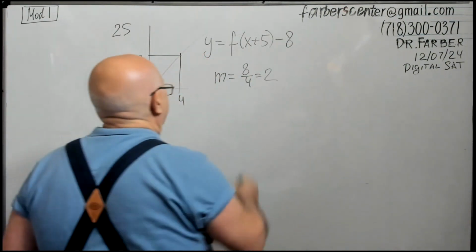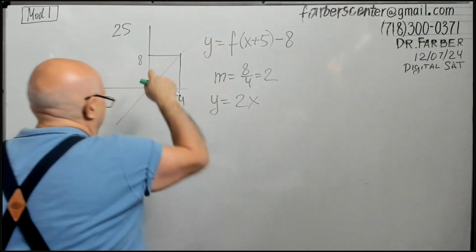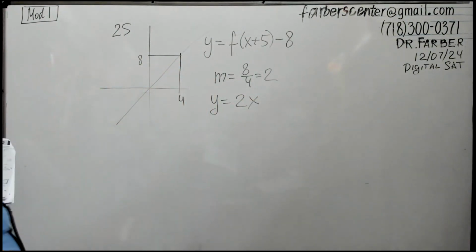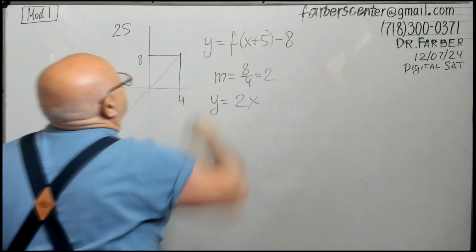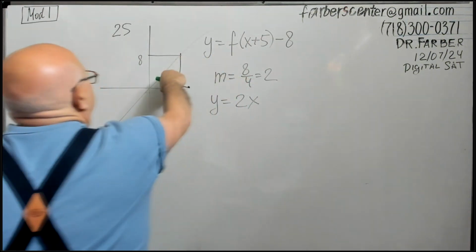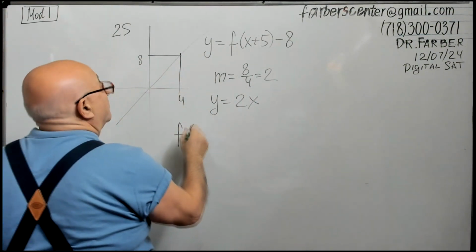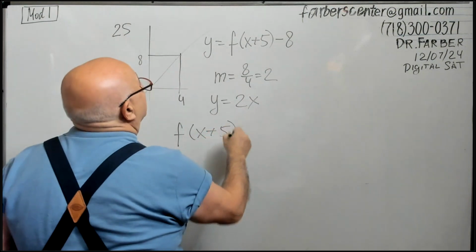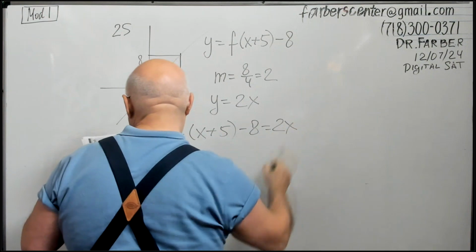And since it goes through the origin, you can easily write y equals 2x. This is specifically this graph. And this one is the same, because it is the graph of this line. And I can write that f of x plus 5, like we did a few minutes ago, minus 8 equals 2x, right?